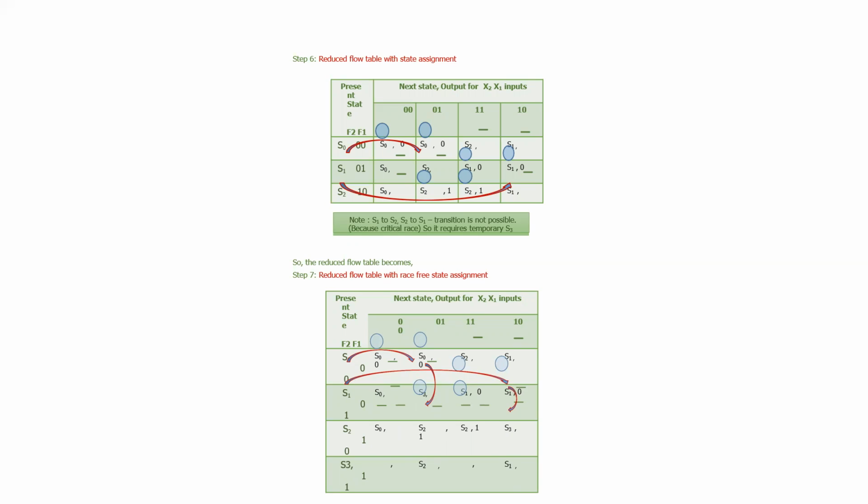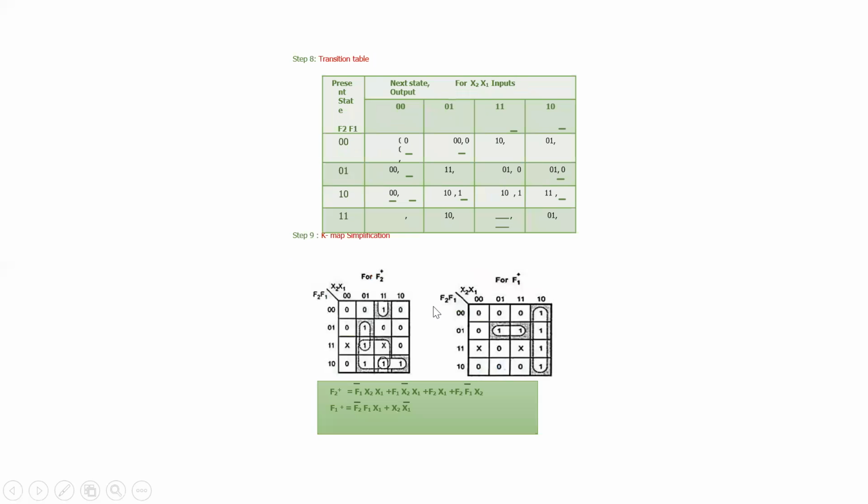After including the temporary state, we have to give the flow from S1 to S3, S3 to S2, and the same thing from S2 to S3, S3 to S1. That is nothing but what we can call the race-free state assignment. After this race-free state assignment, we can go for the transition table.